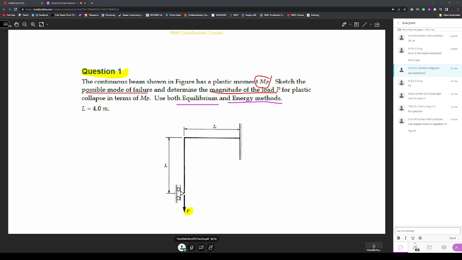So what is energy, guys? What is the concept of energy from your understanding, anyone? What is energy? We know equilibrium: the sum of the forces will be zero, the sum of the moments acting on the system will be zero.